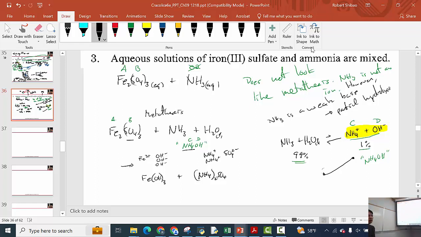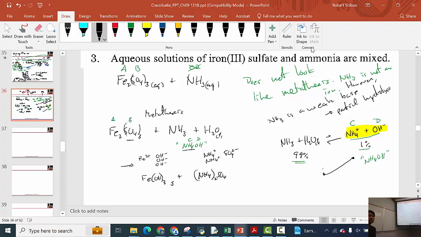Yeah, hydroxides are all insoluble except for Group 1, ammonium, and some of group 2. Which of group 2? Calcium, strontium, and barium. It's not one of the exceptions, so this is insoluble.